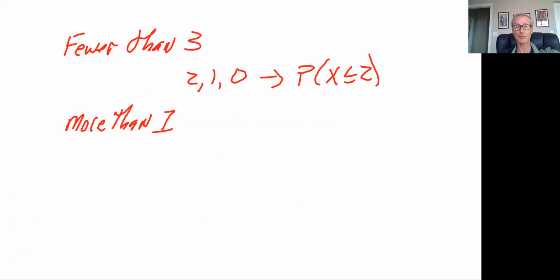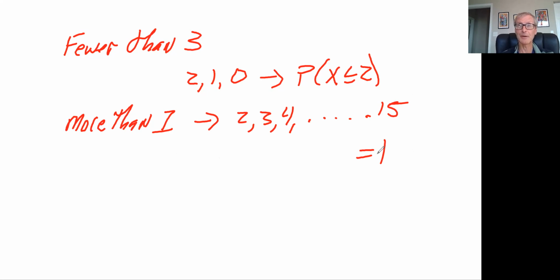Remember, more than one means 2, 3, 4, all the way up to 15. Remember, if you add up all the probabilities, 0 through 15, it always equals 1. So to use the spreadsheet, if we get the numbers 0 and 1 and subtract it from 1, we get all these calculations.